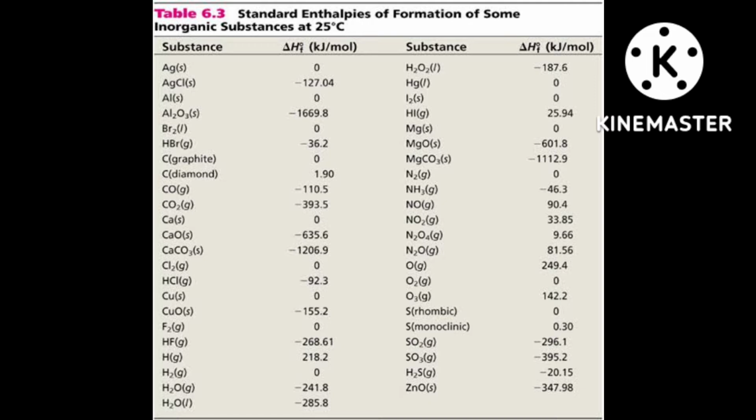Take this as the first example; this question is asked. I will come to aluminum oxide also, but first think about barium carbonate and calcium carbonate: which one is stronger?